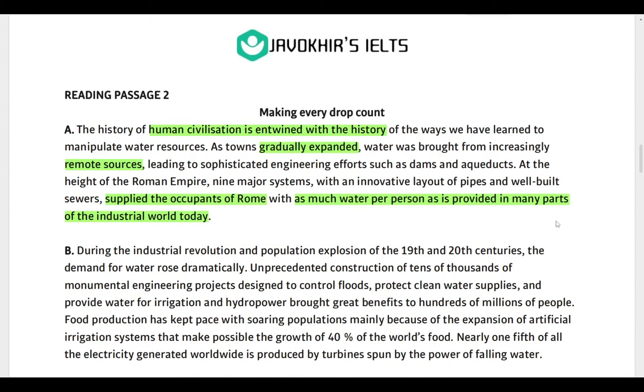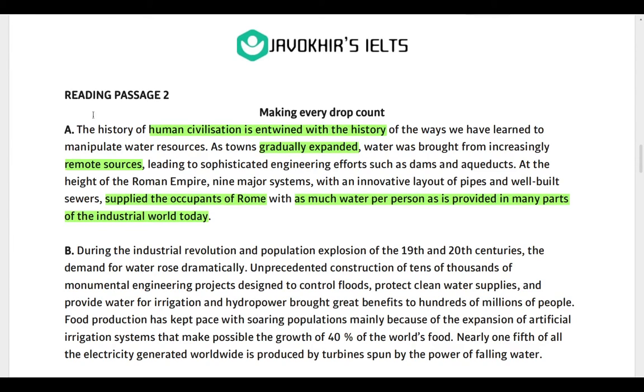So basically, the population of Rome in this context, its occupants, got as much water as those people who lived in urbanized areas. We call them highly privileged people.